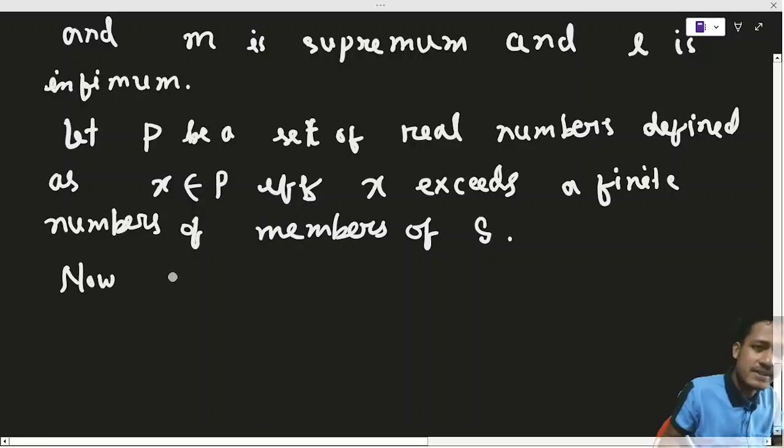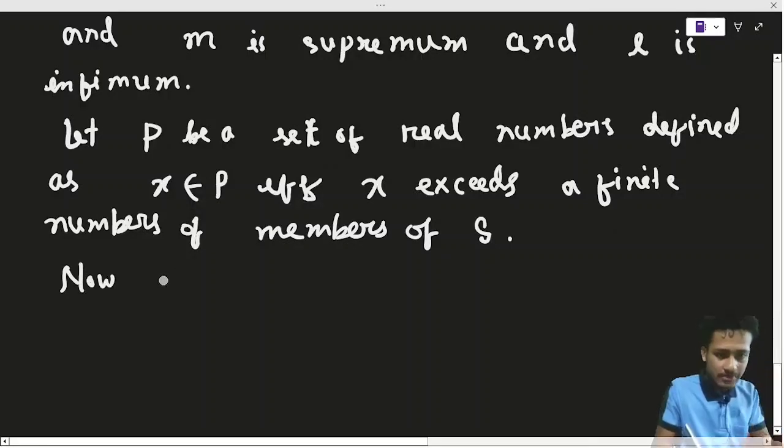ये दिस सेट P ये एम्प्टी है या फिर नॉन एम्प्टी सेट है? We know small l is the infimum of S. So there does not exist any member in S which is less than small l.